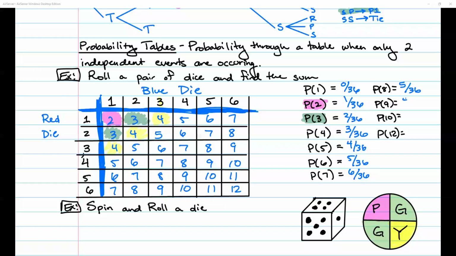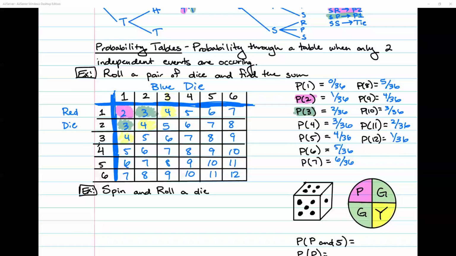And then it becomes 4 out of 36, 3 out of 36. Man, I've done this so many years, guys, and every single time I forget to put that 11 there. There are 2 ways of getting 11 and 1 way of getting 12. And I forgot to highlight this in yellow, so let me go ahead and do that as well.